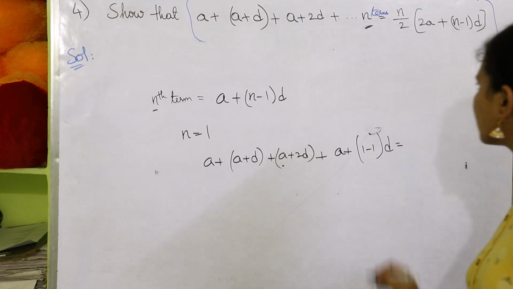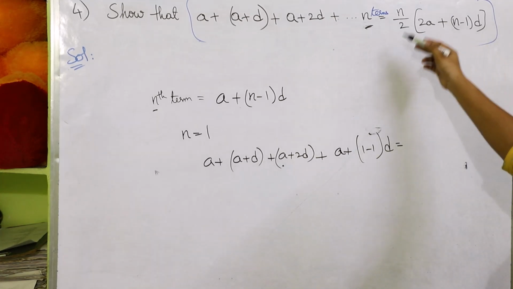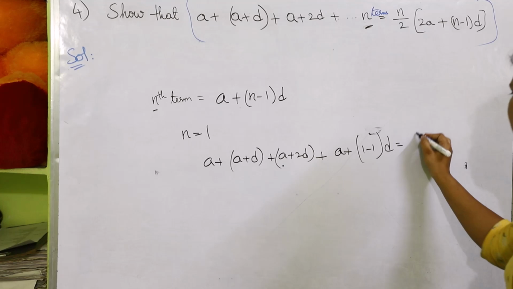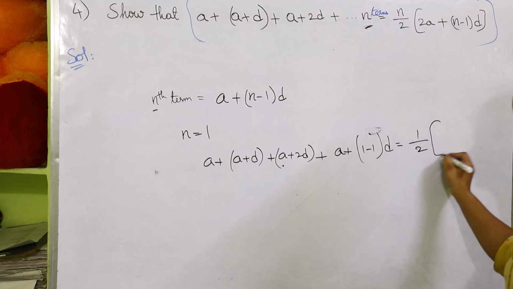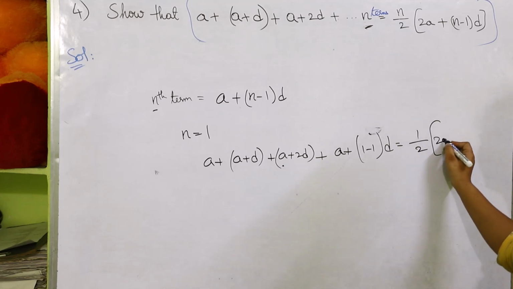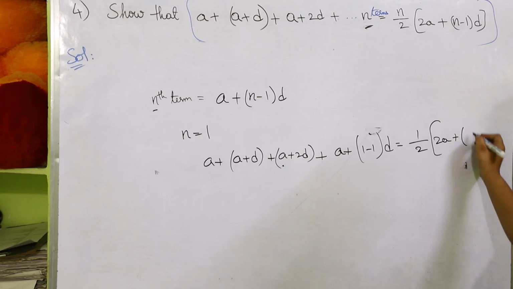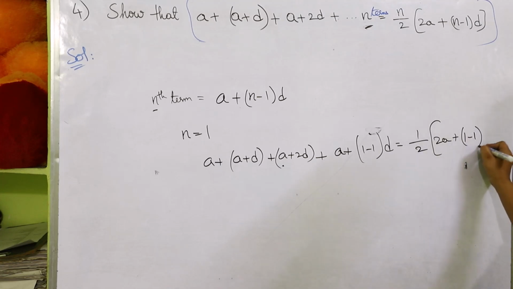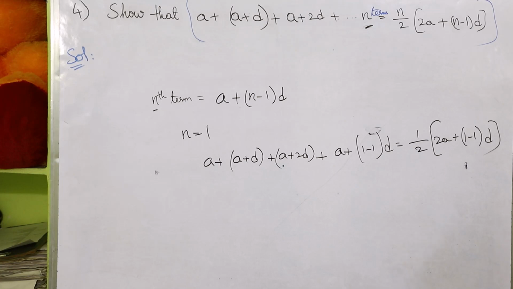On the right side, we got n by 2, which is nothing but 1 by 2, into 2a plus n minus 1, that is 1 minus 1, into d. Is this clear? This is the equation we got.